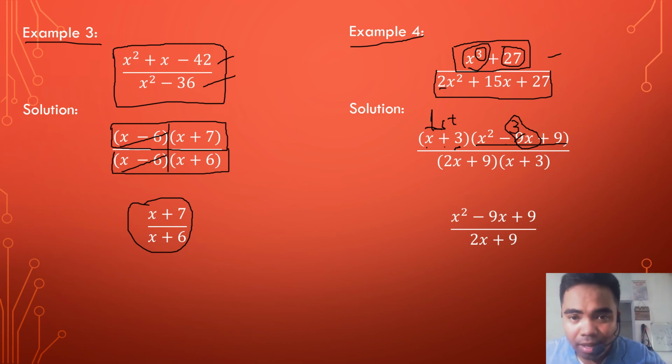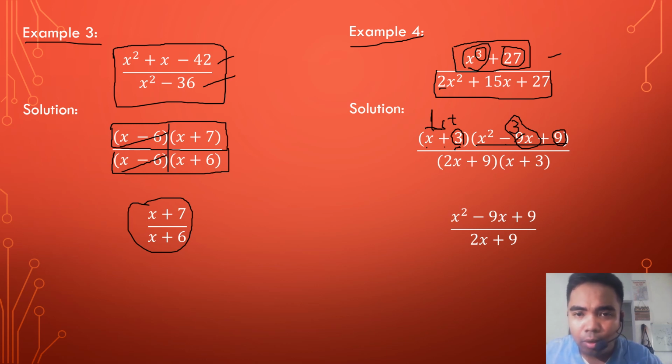And then, kung anong ginawa natin sa first term, yun din gagawin natin sa last term ng ating first factor. We're going to square the 3 or the last term. Kaya, 3 times 3 magiging 9. So, yan yung factor natin sa x cubed plus 27. That is x plus 3 times the quantity of x squared minus 3x plus 9.